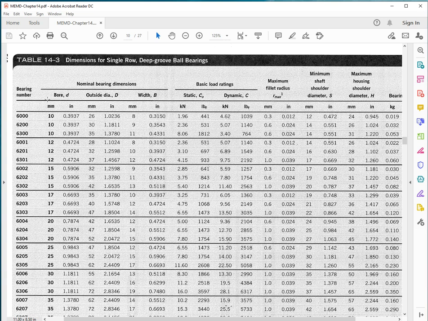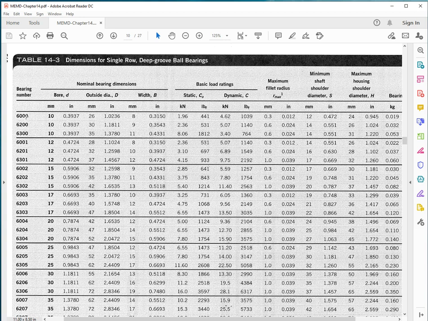Anyway, so for the same bore size, they have 3 bearing numbers, and there are differences in size. So same bore diameter, but the outside diameter increases from 26 to 35. And then the width also goes from 8 millimeters to 11 millimeters.